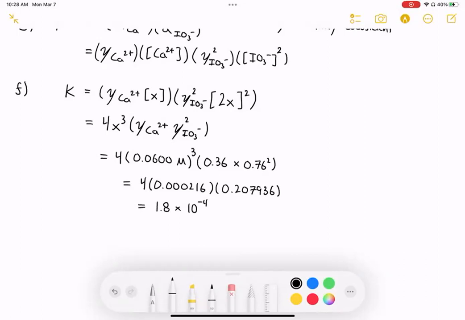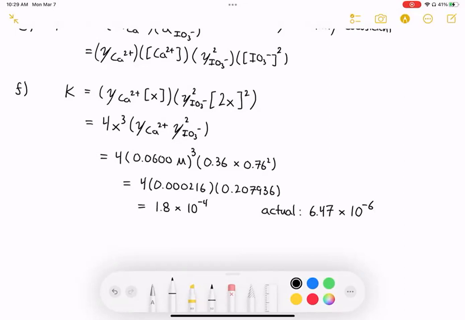So the actual value of calcium iodate is, oh, actually we're a little bit off. Calcium iodate is 6.47 times 10 to the -6. It's a little bit off, but that's how you calculate the KSP value.